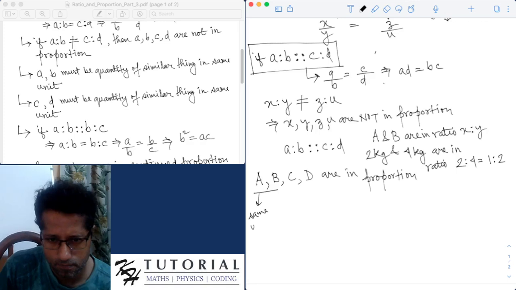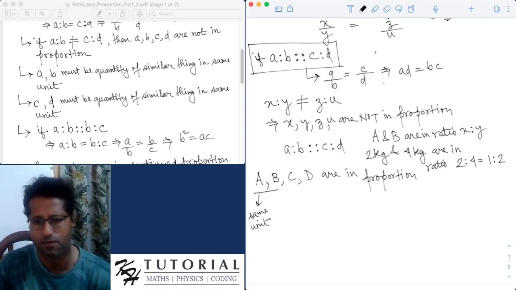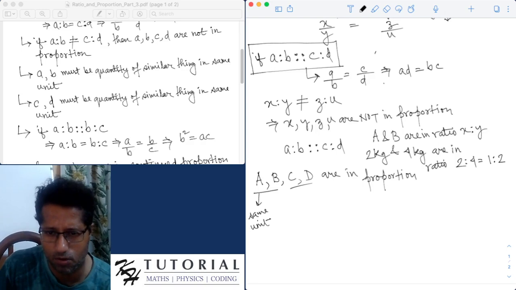Only then will the ratio A is to B make sense. Also, C and D must have the same unit.